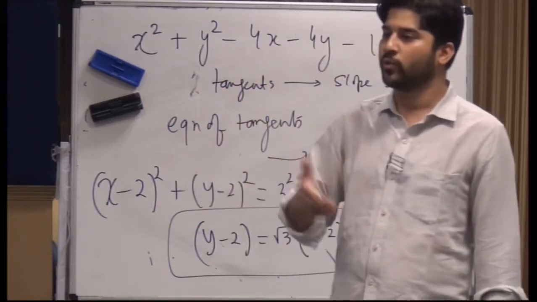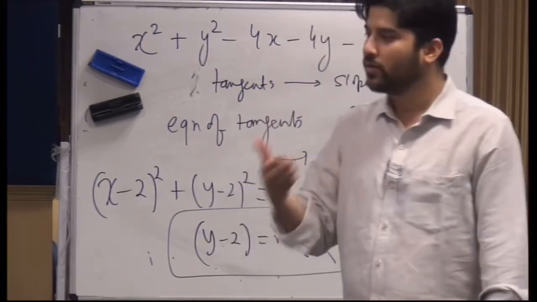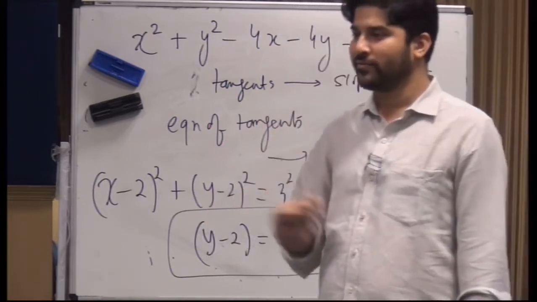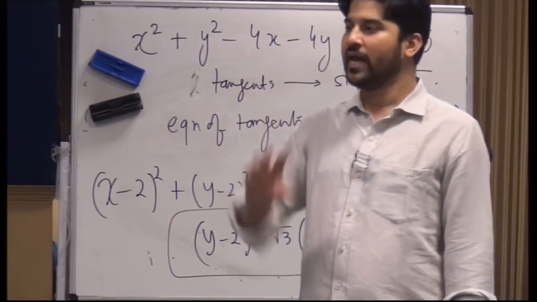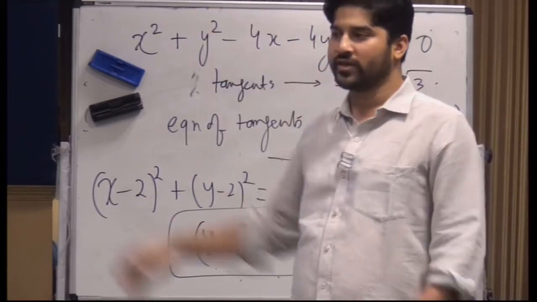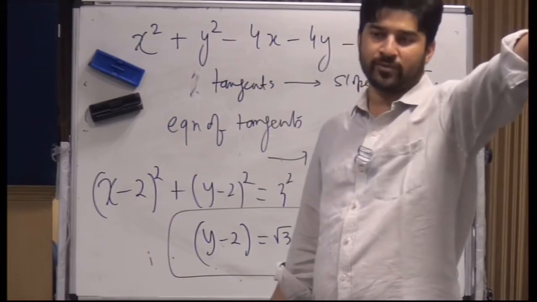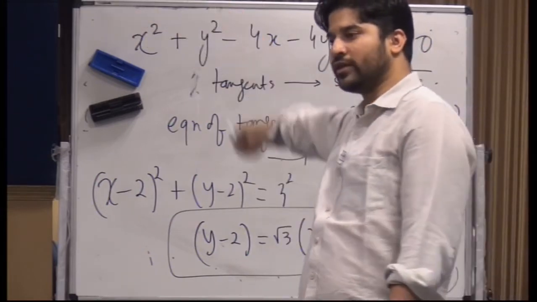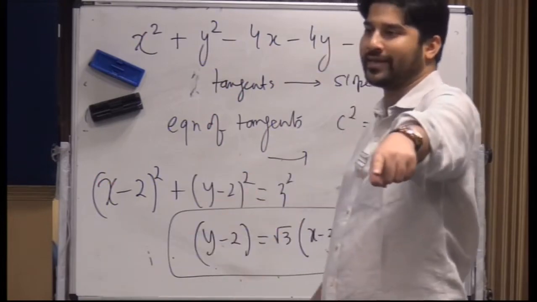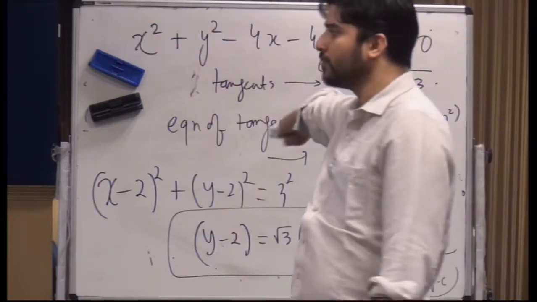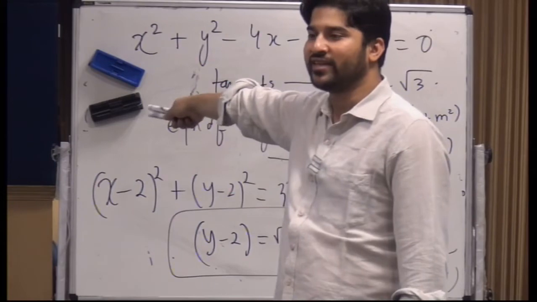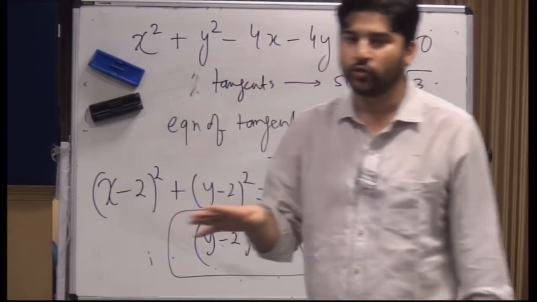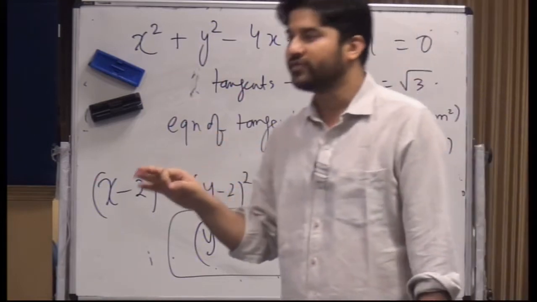So it's all about exposing yourself to the results more and more, creating the results, finding the results, proving the results, and imagining the whole story of circle from where we started, the general form, and how we went to the diametric form, and how we went to the length of the chord, and how we moved to the x-intercept, and then how we moved to the tangency, condition of tangency. If you remember this story, I can guarantee you, you will never be able to forget.